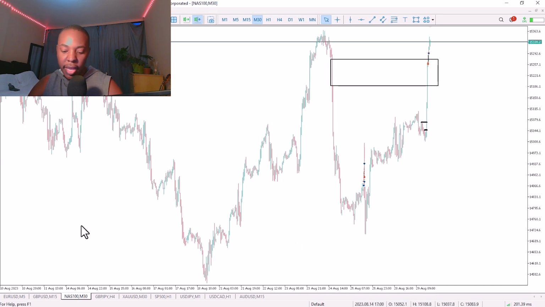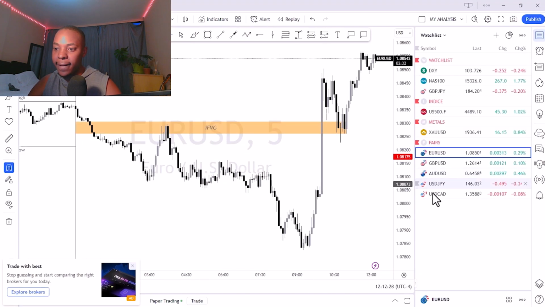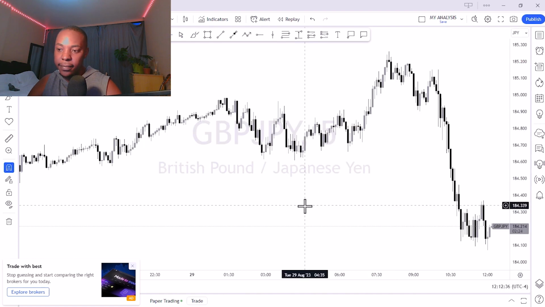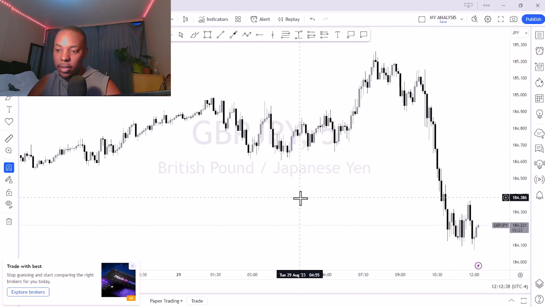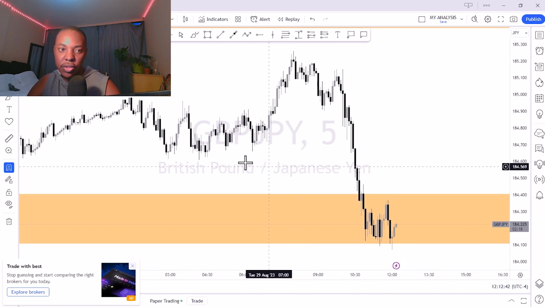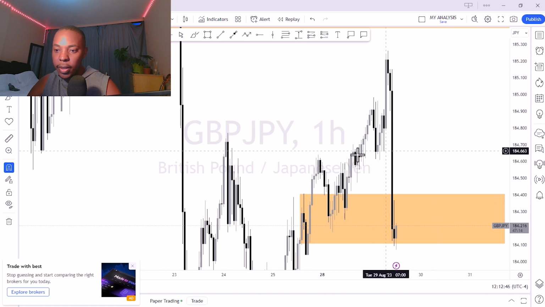And currently I am holding GBP JPY. So currently I have a trade on this GBP JPY.